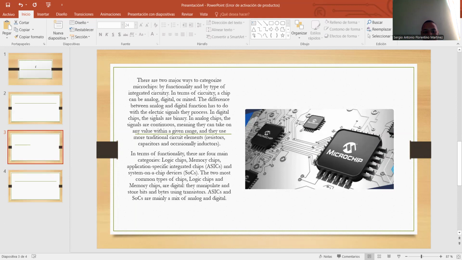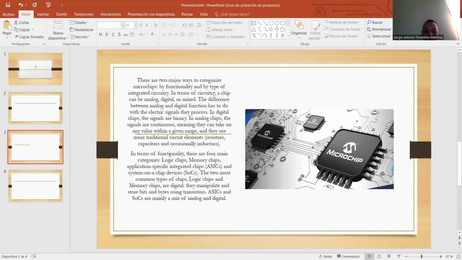In a digital chip, the signals are binary, right? In an analog chip, the signals are continuous, meaning they can take on any value within a given range, and they use the more traditional circuit elements: resistor, capacitor, and occasionally inductor.